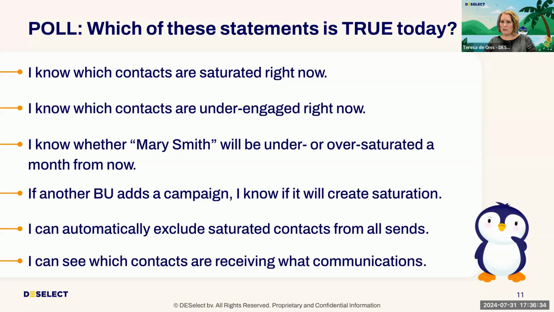Nobody knows who's saturated. 18% can automatically exclude saturated contacts from all sends. 36% can see which contacts are receiving what communications. But 36% can't say any of the statements are true, Jonathan. So it looks like we've got a group that really could understand the value of what we bring to the table. Thank you guys so much for answering the poll. It's very helpful for us.